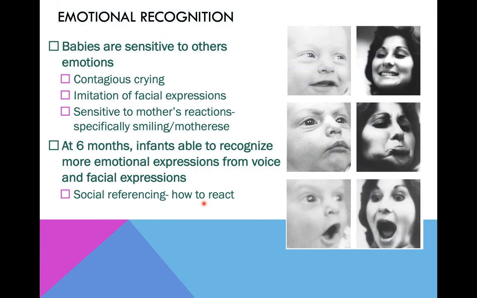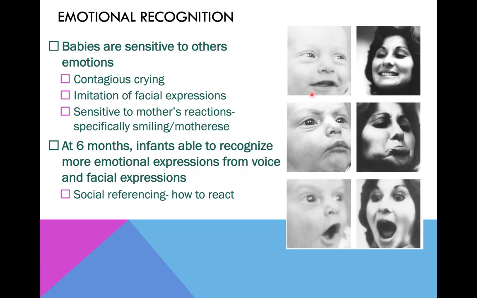Okay. The second topic when talking about emotional development is emotional recognition. And the truth is that this happens very early on. So from minutes after birth, babies exhibit what we call neonatal imitation, which you see in these images here. So neonatal imitation is when the baby sees an adult exhibit some sort of face and they imitate it.